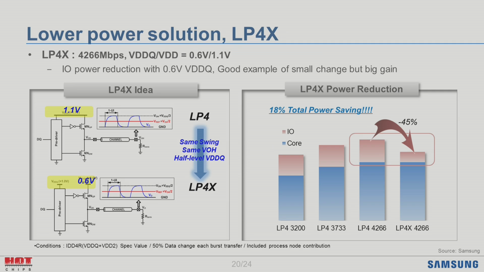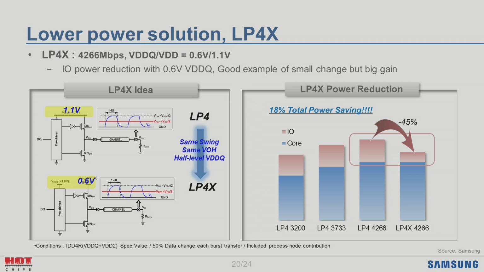Okay, let's dive into the low power memory technology. We are still continuously working on what we can do for low power. In the picture on the left, the LP4X has the same VOH margin as the LP4, only using 0.6 volt I/O voltage.